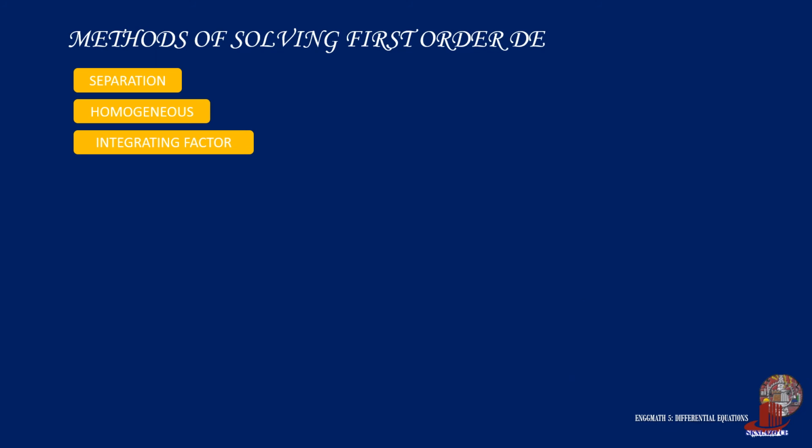Another method used for certain types of differential equations is using an integrating factor. This method is used for differential equations in the form dy over dx plus p function of x times y equal to q function of x. So first, identify p of x.